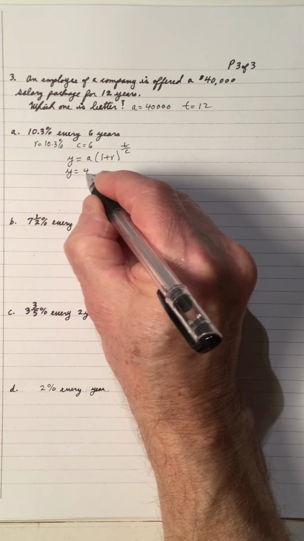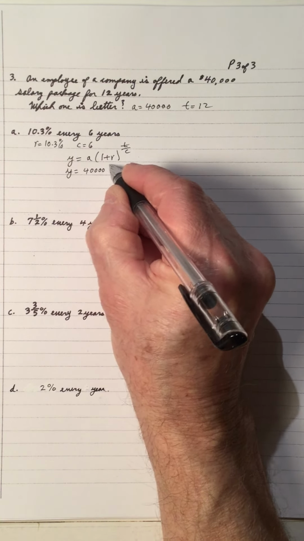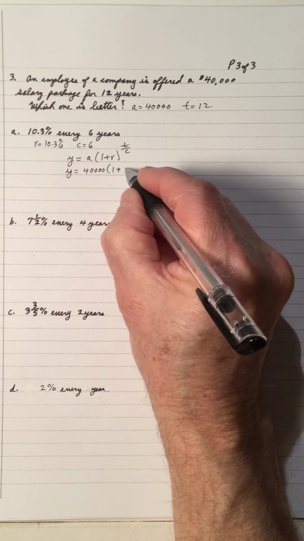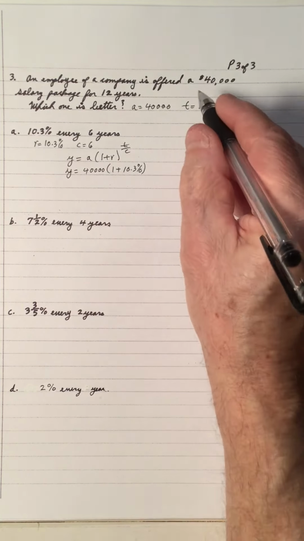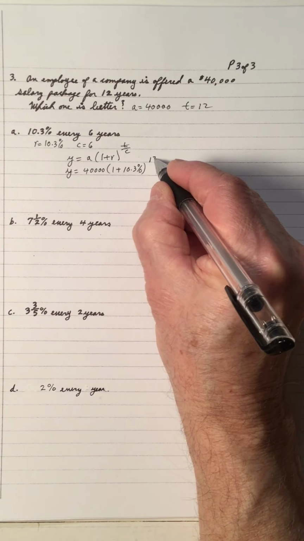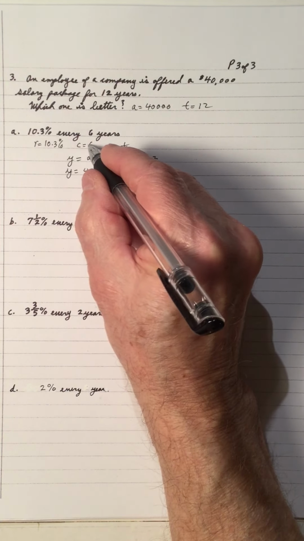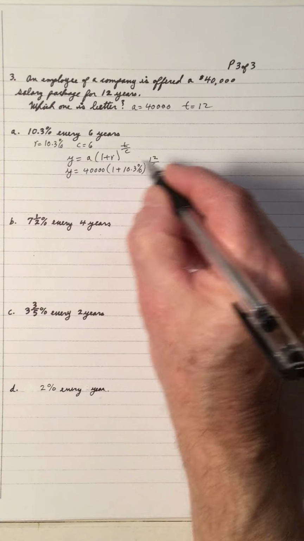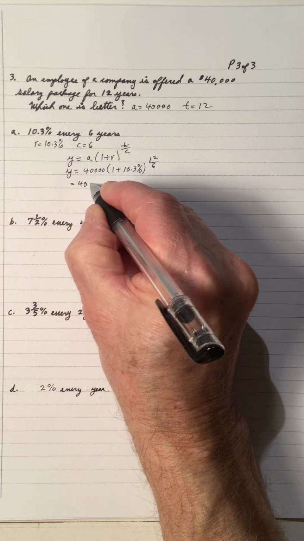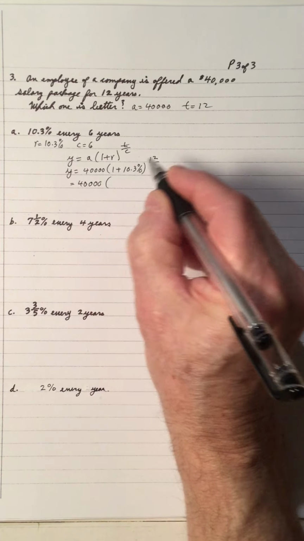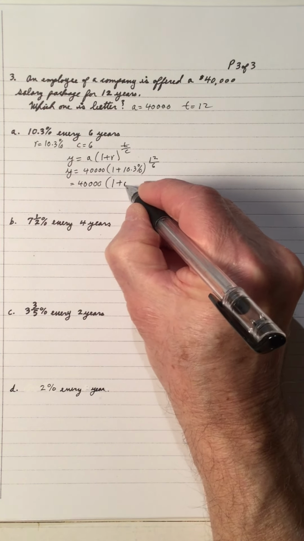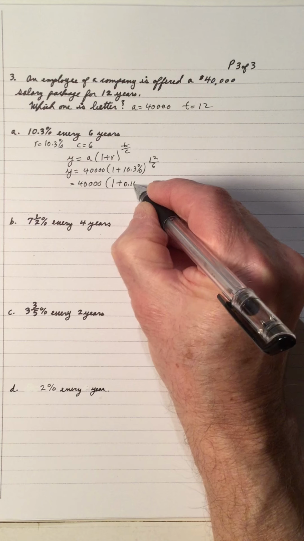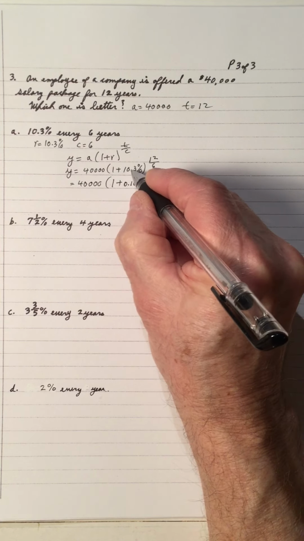So you have $40,000, 1 plus your rate, which is 10.3%, and your time is 12 years, and your increment change for C is 6. So you get $40,000, and 10.3% is 0.103.